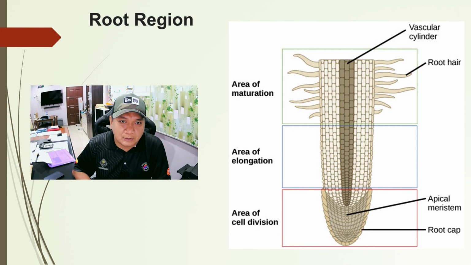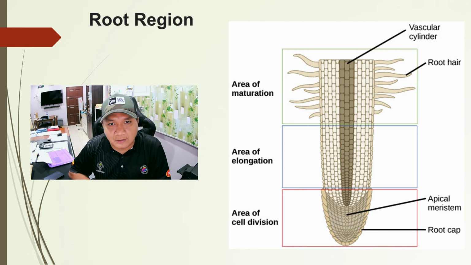Thirdly is the elongation zone. This is the area where cells elongate to push the root deeper into the soil. Then we have the maturation zone, where cells differentiate into various tissues, xylem and phloem. And lastly is the cell division zone, also known as the meristematic zone. It is located at the tip of roots and shoots where cells actively divide.